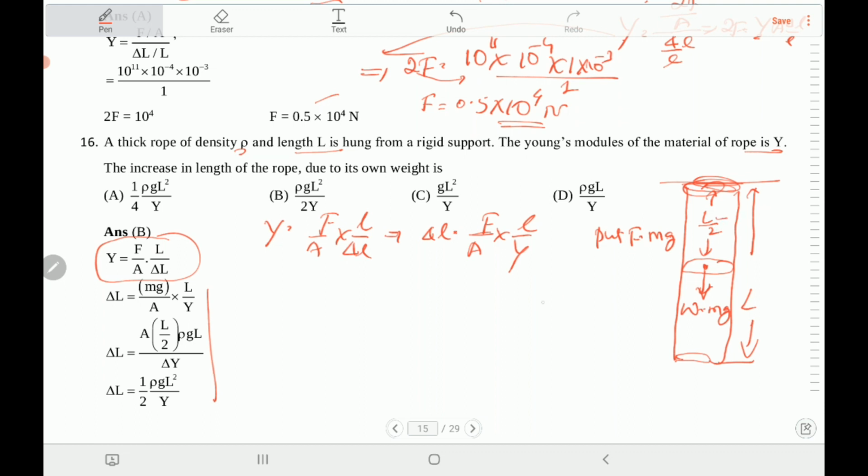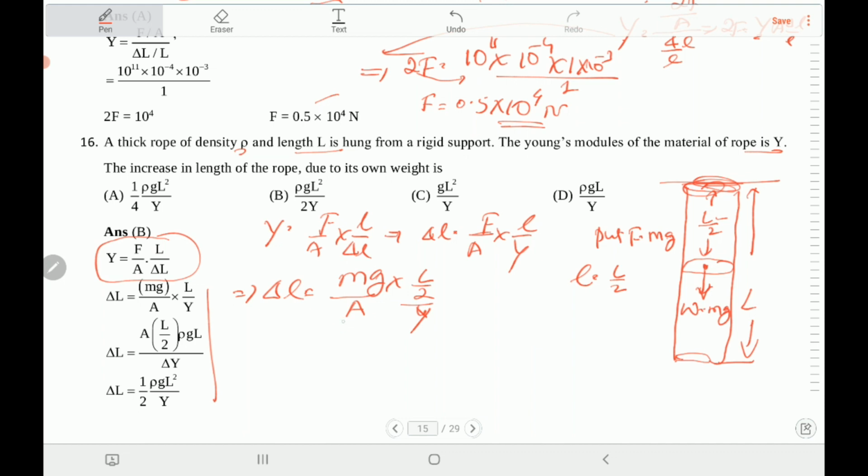So you use L as L by 2. That's what you have to remember. Now we'll continue. Delta L equals, what is F? F is the weight, mg into L by 2 divided by Y, Young's modulus, into A. Is A given? Yes, A is here.